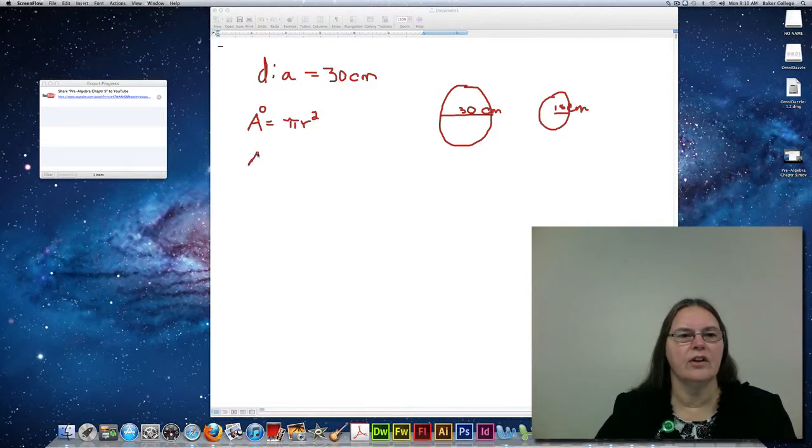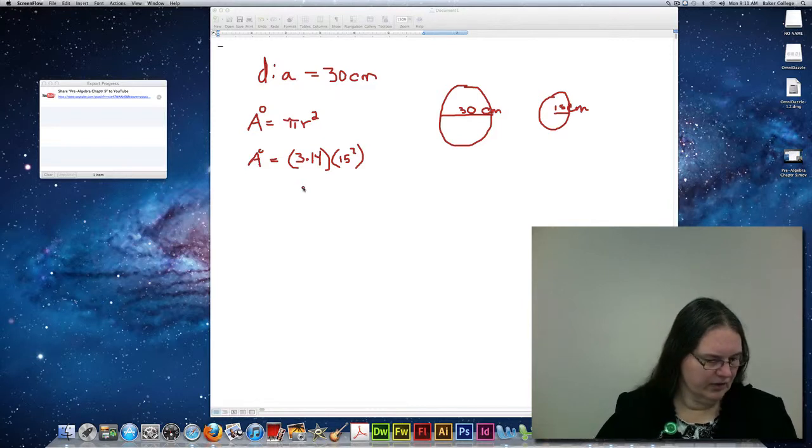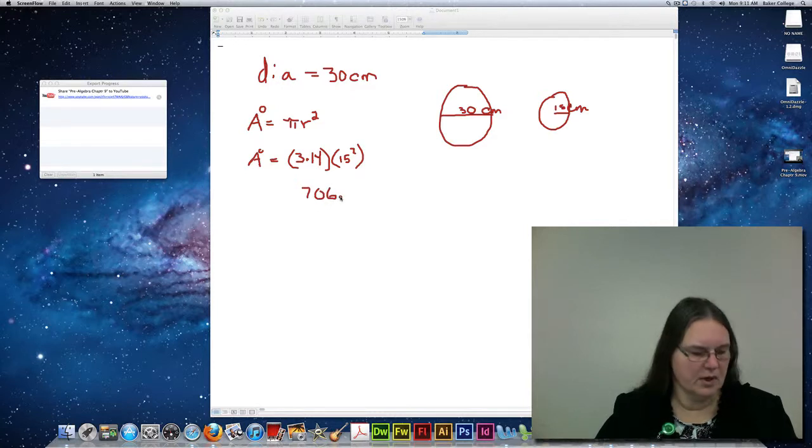So that's why we have to divide this diameter in half so that we have the radius, and then all we have to do is fill in the information, which in this case we're just going to use the approximation for pi, which is 3.14 times the radius, which is 15 squared, and then if we multiply this together, we get 706.5 centimeters squared.